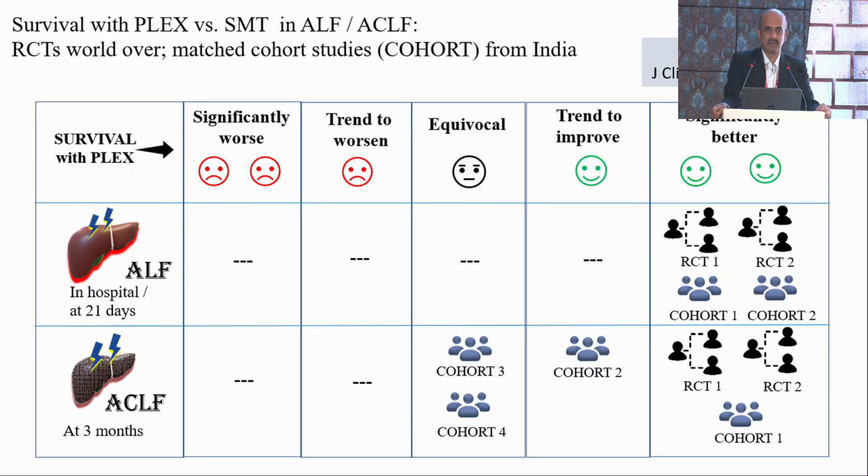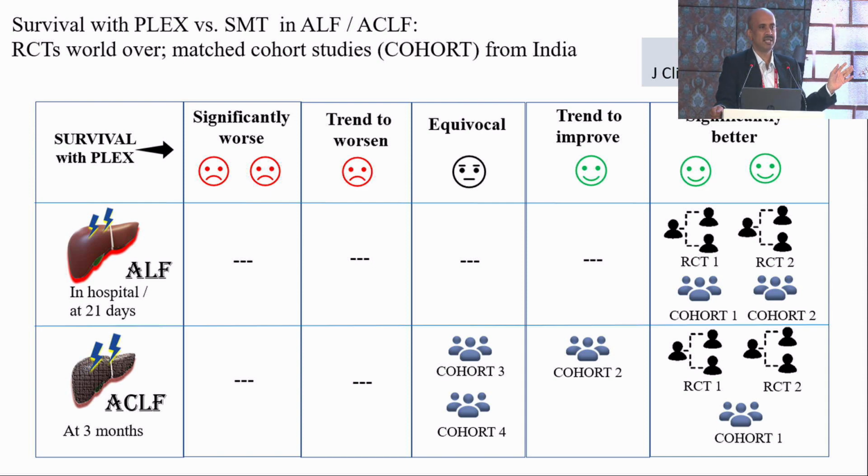So this is an article which is just coming out in JCEH. It's in press now. When we tabulate the currently available information on the use of plasma exchange in ALF and ACLF, it looks like all the smileys are smiling.